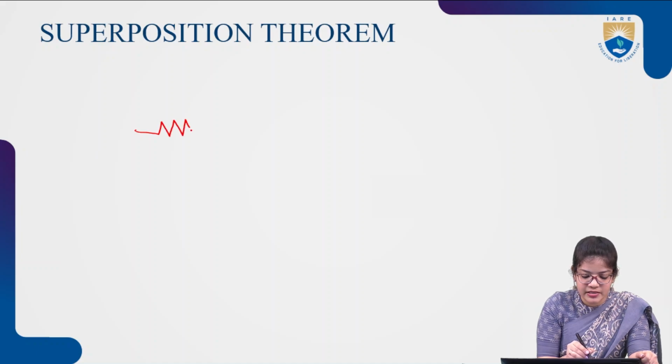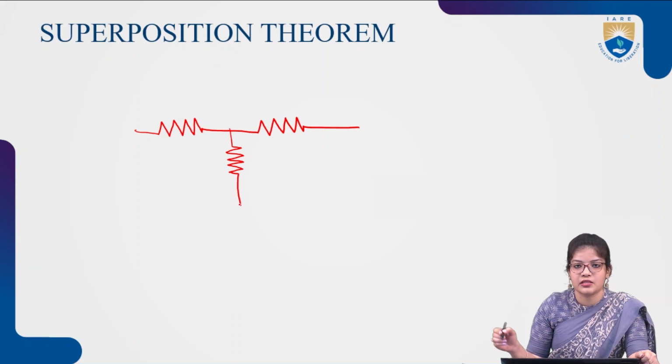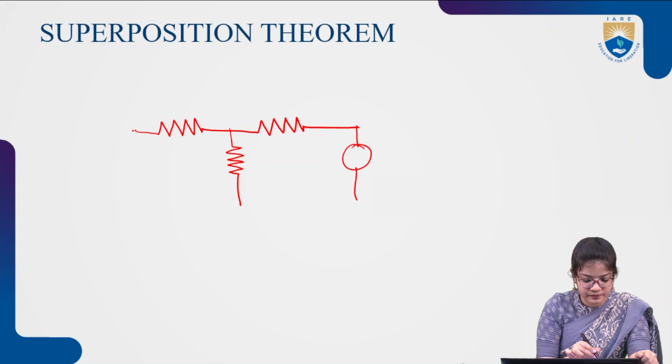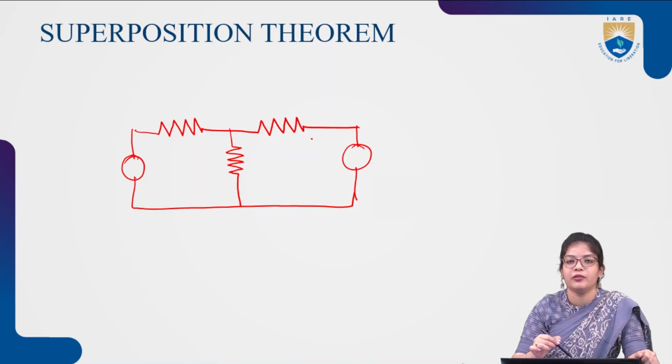A linear network is nothing but one containing resistors, capacitors or inductors. Here mainly we will be using only resistances. So here I am considering the resistance circuit and two sources. Here are the two sources and three elements which are connected in parallel, which forms two meshes.